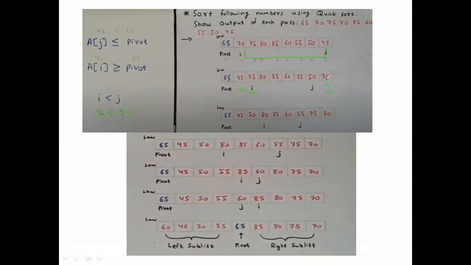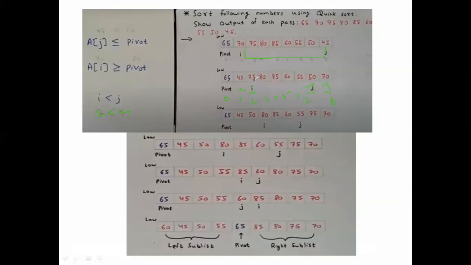Okay, next here j is 70. The 70 value is greater than 65, so decrement j by 1, and again decrement j by 1. The pivot value is greater than 50, so 50 is low, then stop here. Then check the indexes 0, 1, 2, 3, 4, 5, 6, 7, 8.